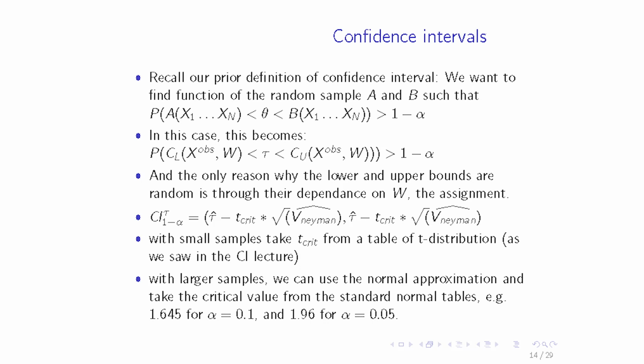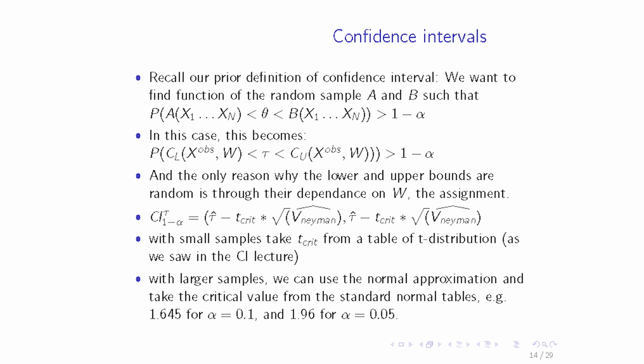So we want to find these lower and upper bounds. The only reason why the lower and upper bounds are random in this case, again, because it's a fixed population, is because the assignment could have been different. So again, it's W that generates the randomness in the upper and lower bound. That's the only reason why there is randomness there.